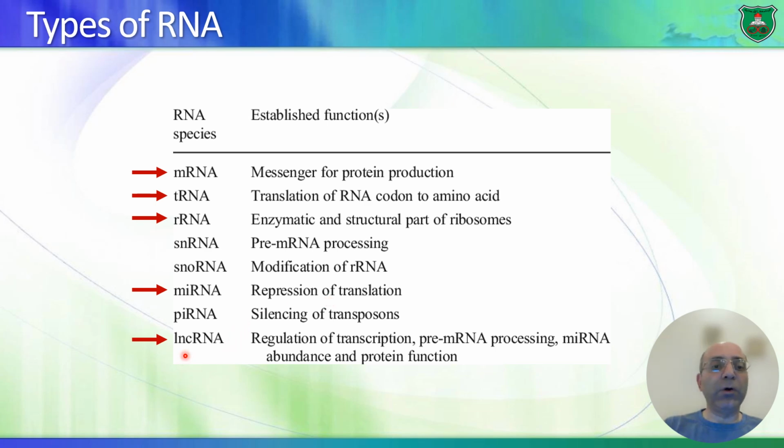And we have long non-coding RNA, or lncRNA, which have different functions, such as they regulate transcription, they can regulate the processing of messenger RNA, they can regulate the abundance of microRNA, and they can control microRNA function, and they are important in determining protein function.